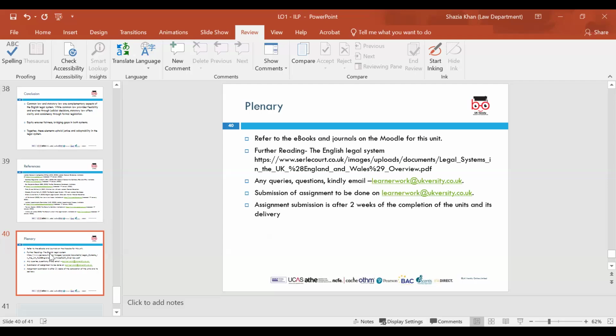It looks at the English legal system as a whole, looks at sources of law, which we looked at today, looks at the criminal system, the civil system, and the historical development of law as well, common law and equity, and it looks at the element of EU and how equity works with the legal system. So it's quite an interesting article. The link is there for you to have a look at. There's additional reading. The recording of this session will be available on Moodle for you as well, and all the ebooks and journals are available on Moodle.